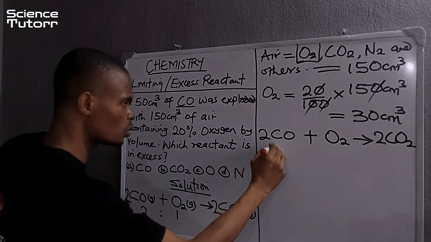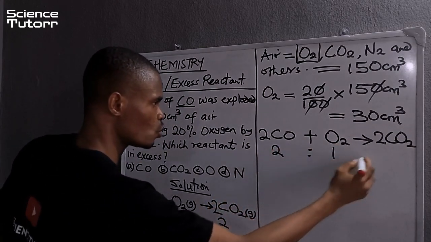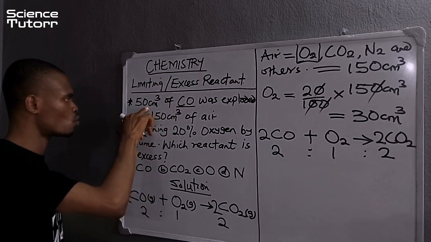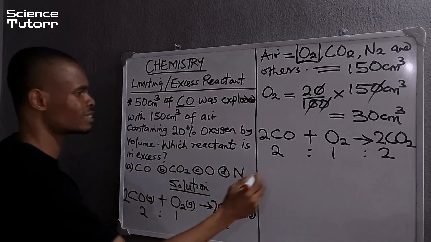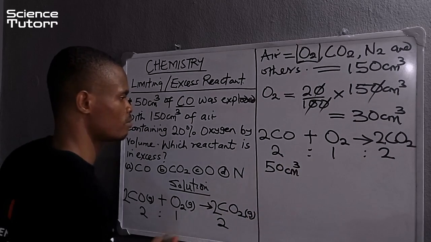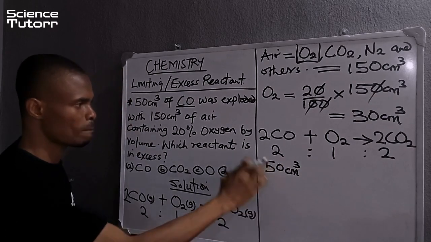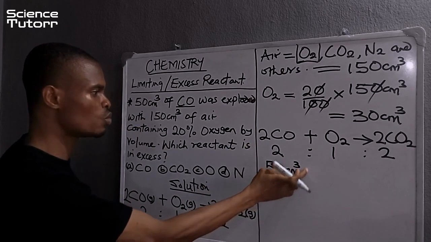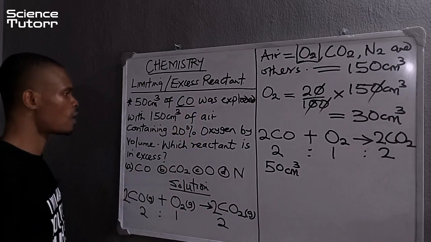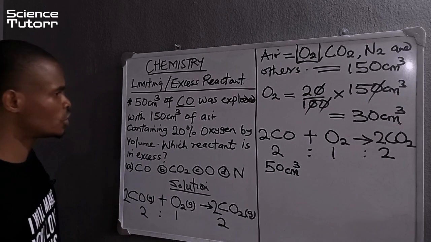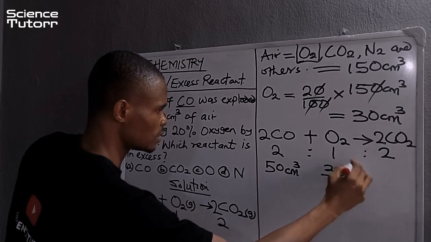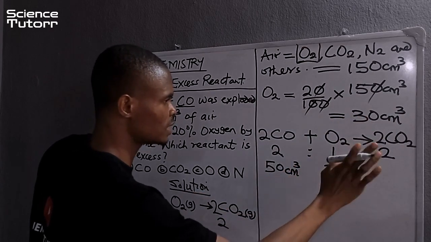From stoichiometry, this is ratio 2, this is ratio 1, and this is ratio 2. Now, the total volume of CO that was used is 50 cm³, and that is what reacted. Based on the ratio 2, it means we are using all of the volume of CO in this case. Now that oxygen, remember we had it to be 30 cm³.